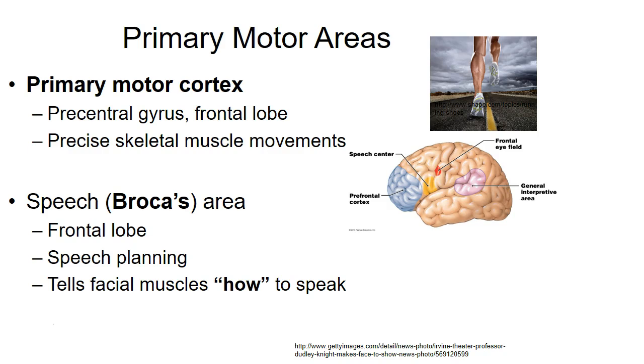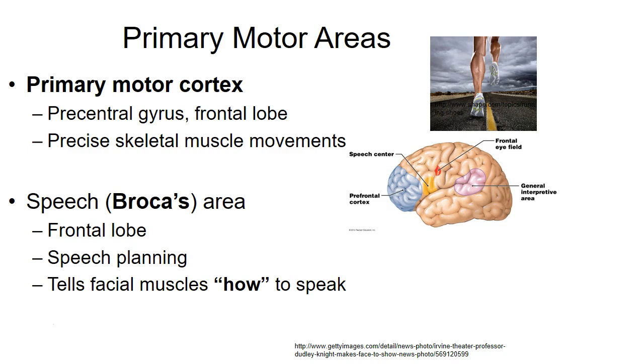So if someone has a lesion or a problem in Broca's area, what are they going to have a problem with? Actually speaking. How about if you write something down, are they going to be able to understand that? Yes. How about if you tell them? Yes. Are they going to be able to write their response down?